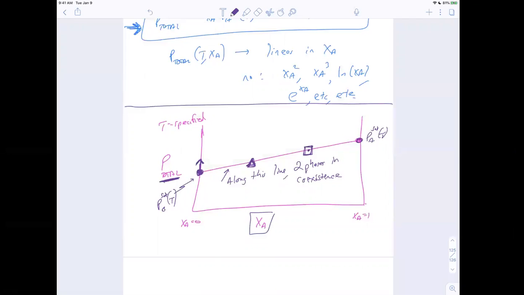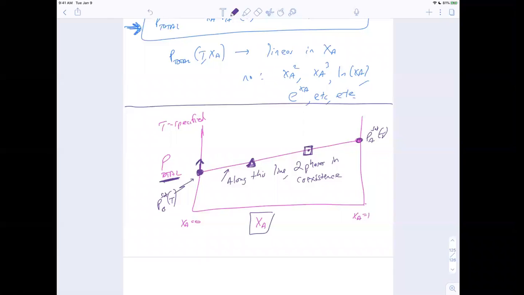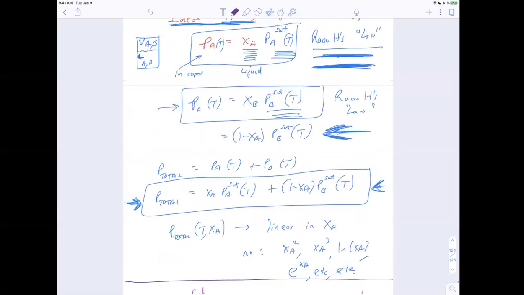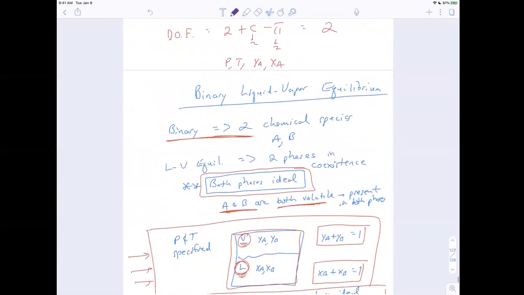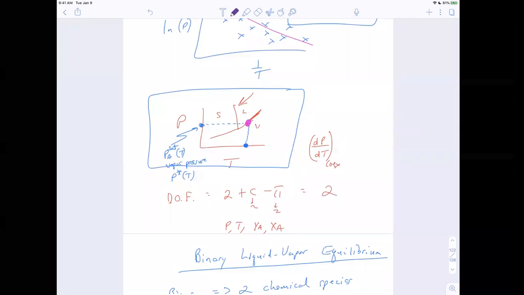Everything becomes a liquid because as you increase the pressure, you can think of it in a couple of ways. If you have vapor above the liquid and you now increase the pressure, you're going to get less and less vapor until you get all liquid. The other way to think about it, since we have pure fluid at that endpoint, so this is a pure fluid phase diagram.